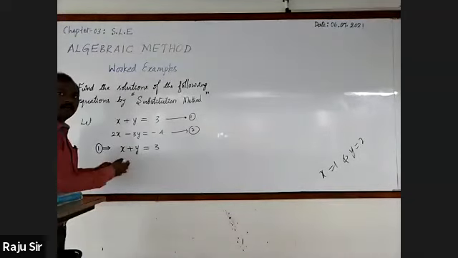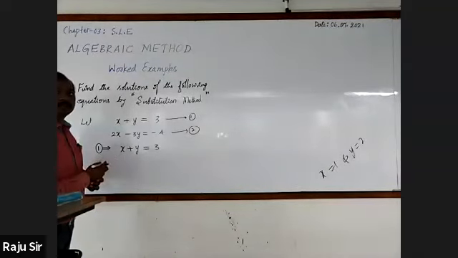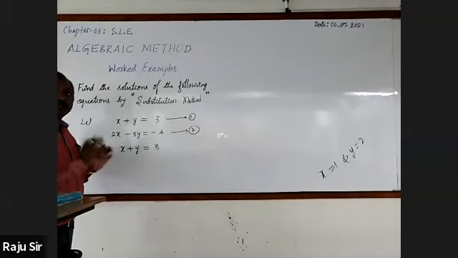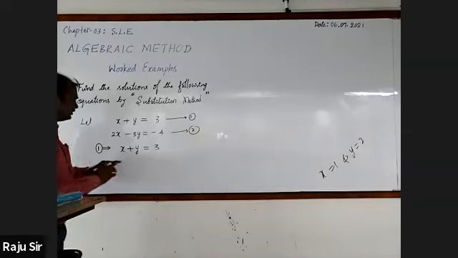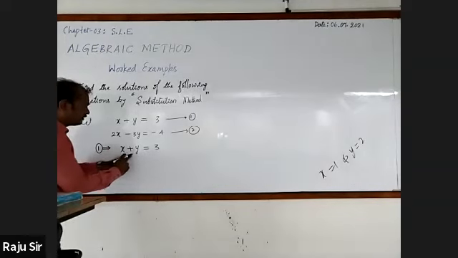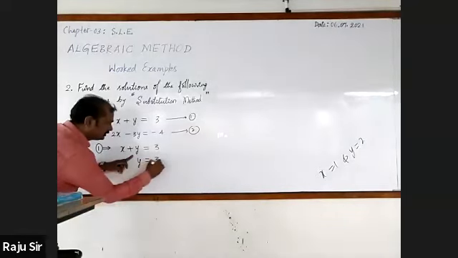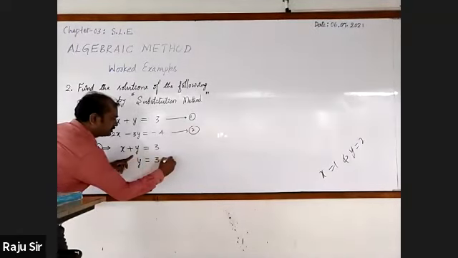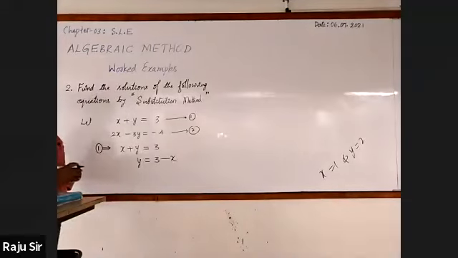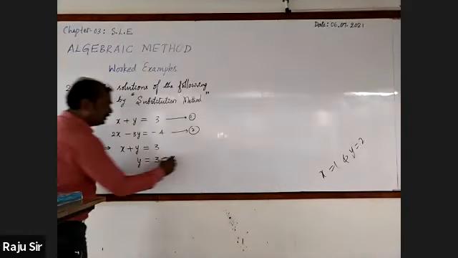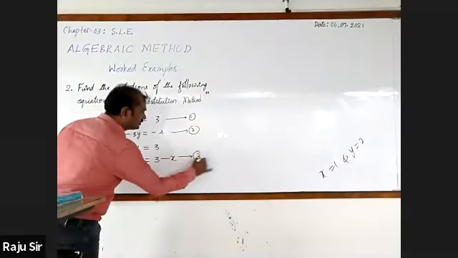Let us solve for one of the two variables. Don't write anything, just listen and understand. Let us solve for y. y is equal to 3, transfer x to the right hand side, it becomes minus x. We got a new equation, call it equation 3.